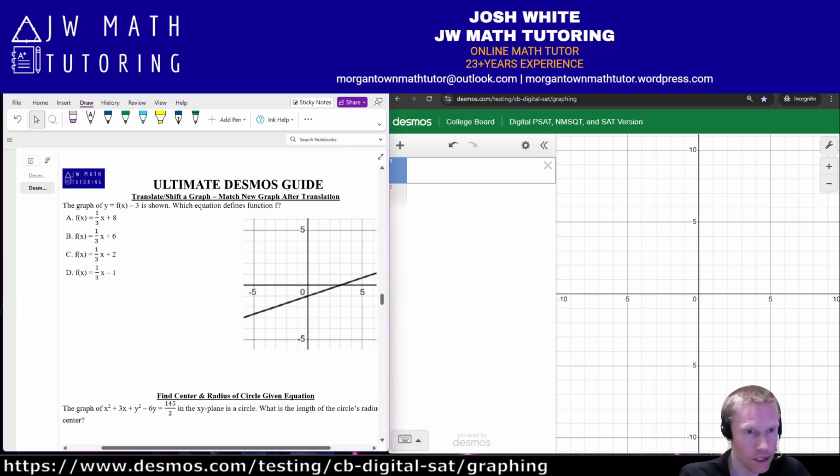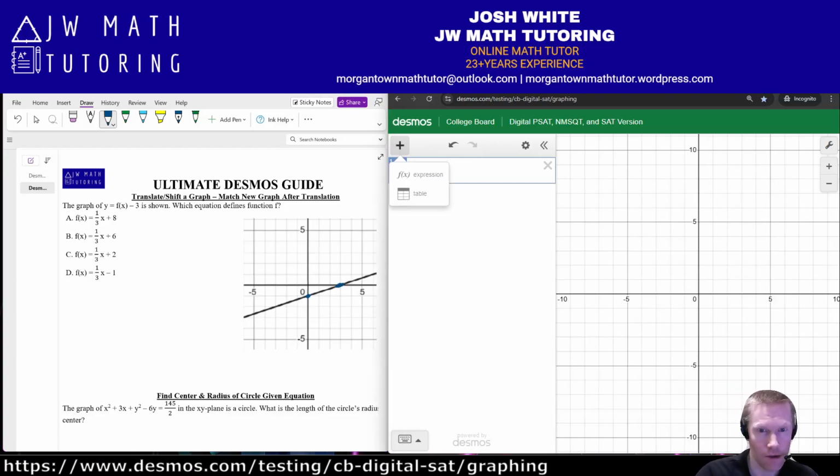And we want to know what the equation of f is. So what we want to do for this problem is first find the equation of the line that's given in the graph. We can notice it goes through the point 0, -1, and it also looks like it goes through 3, 0.